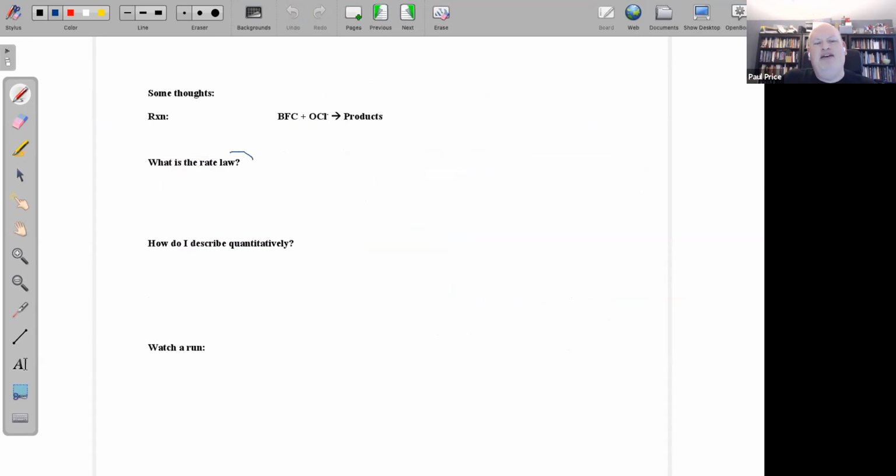And the question I have, as a review, is what is a rate law? And how would we write a rate law for this particular problem? If we think back, remember what a rate law is doing: the rate law itself is a mathematical expression that relates the concentrations of the reactants to how fast the reaction happens.